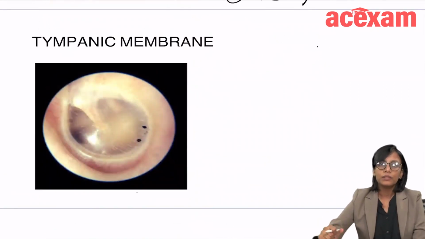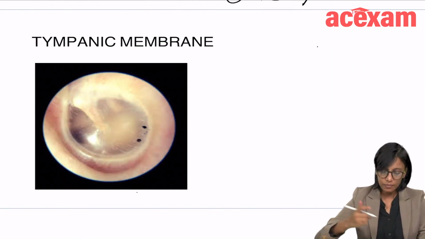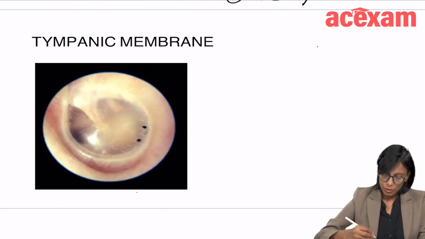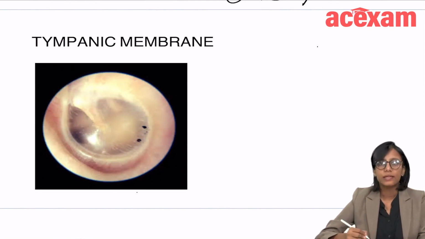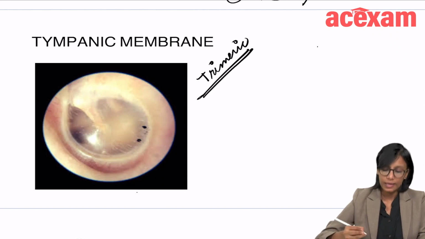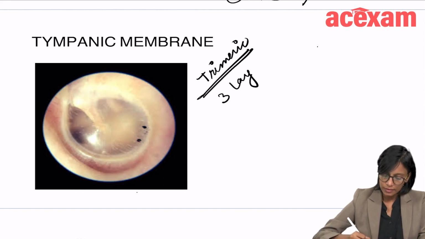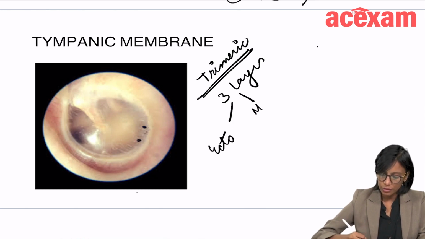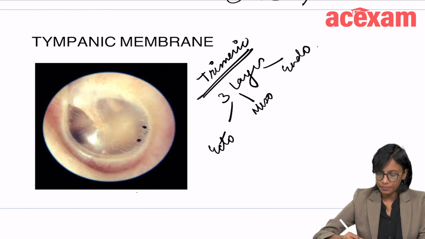Now let's come to the tympanic membrane. So the tympanic membrane, as we studied earlier, is a trilaminar structure. It has 3 layers. The first is derived from the ectoderm, the middle one is derived from the mesoderm, and the inner one is derived from the endoderm.